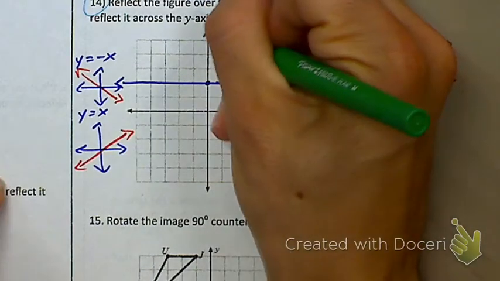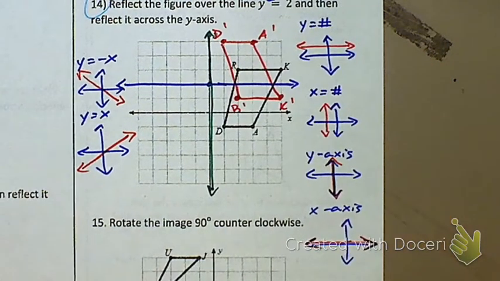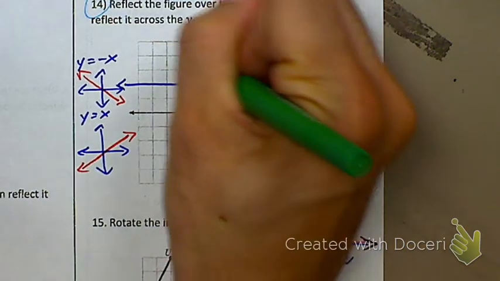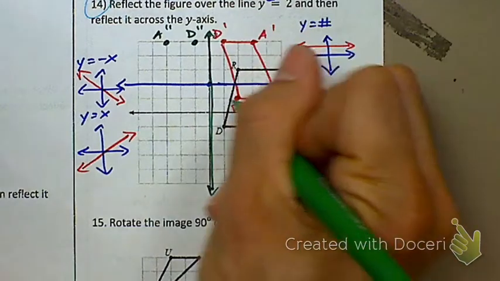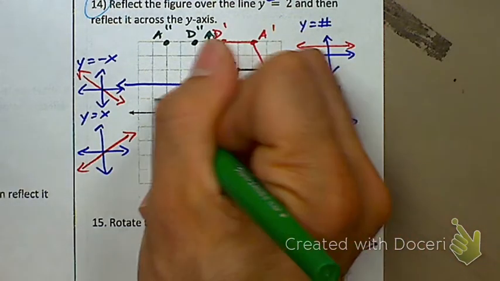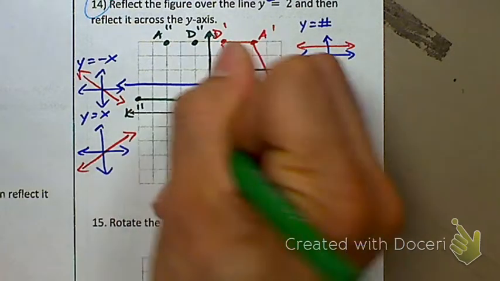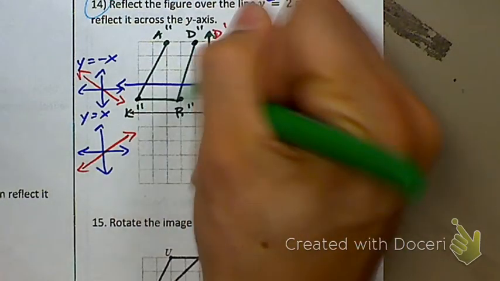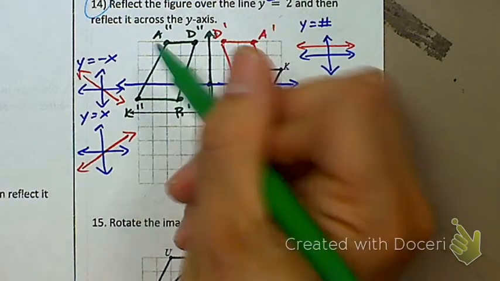Y is this one here. Reflect over here to give you D here, D double prime, A double prime, R double prime, and K double prime. This is your final answer.